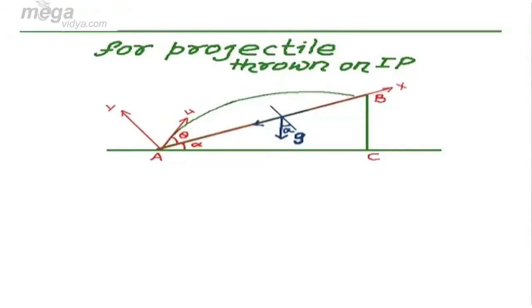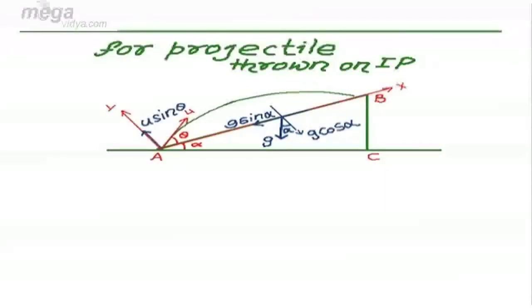So g can be resolved in two mutually perpendicular directions. Down the incline, it becomes g sine alpha, and perpendicular to the incline, it becomes g cos alpha.